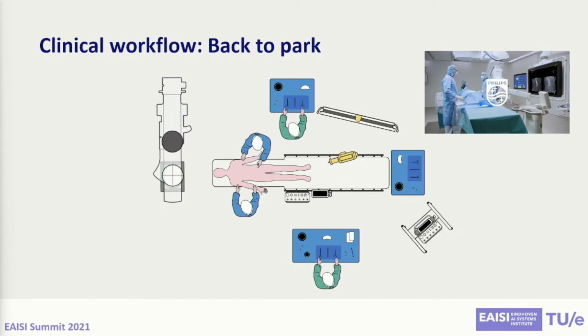This procedure takes between 30 minutes and 3 hours, and when everything goes okay, usually the patient can go home in the same day. What a nice thing to do, right? You enter the hospital with a blockage in your heart, and exactly the same day you are free of this blockage and you can continue with your life. And this was achieved with the help of that robot.